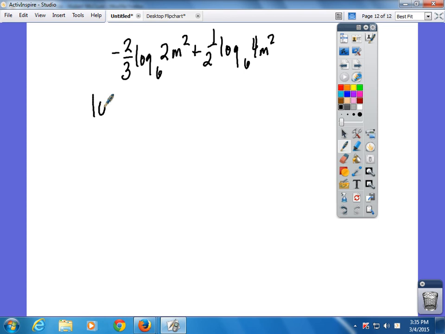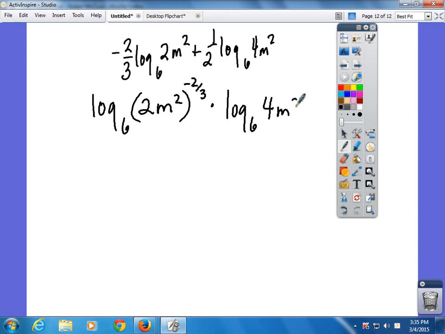Okay, log base 6, 2m squared raised to the negative 2/3 plus b, well, since we're putting it in 1, it'd be times log base 6 of 4m squared raised to the 1/2, right?